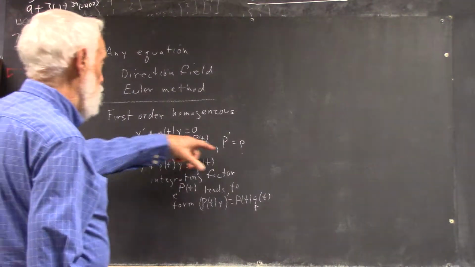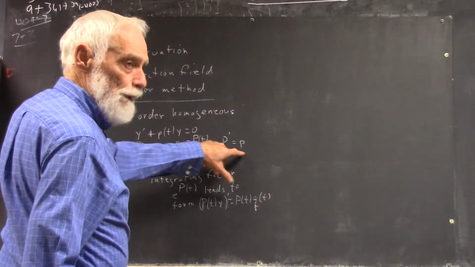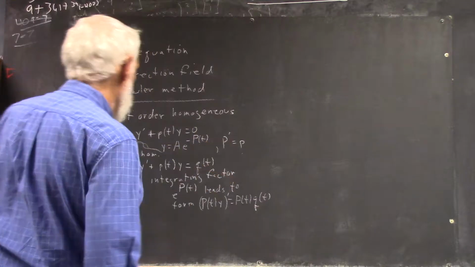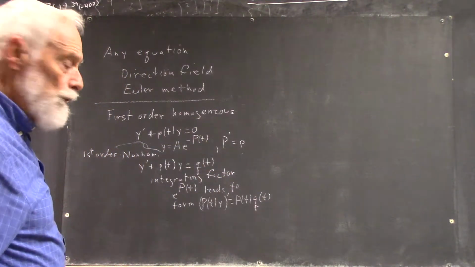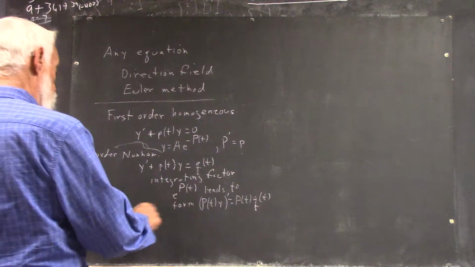Capital P of t has this relationship to your little p of t, okay? It's first order, linear, homogeneous, non-homogeneous.